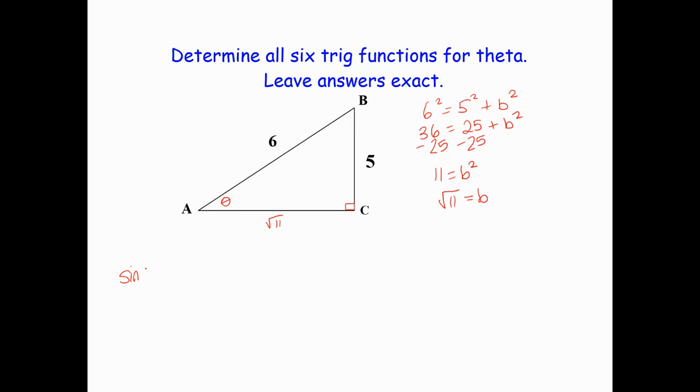Now you could say the sine of A here, but instead we're going to use theta because that's what's given to us, and that's what they're asking for. So for the sine of theta, sine is again our opposite over hypotenuse.